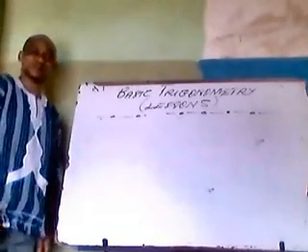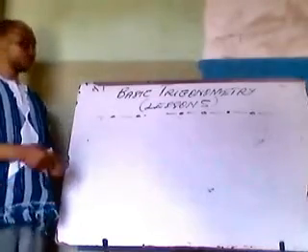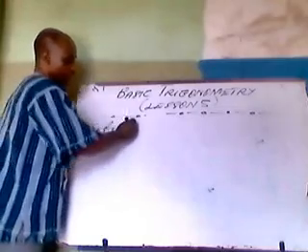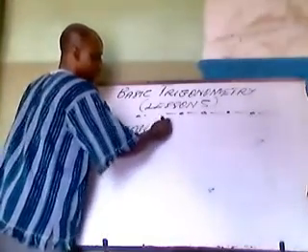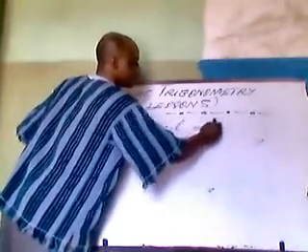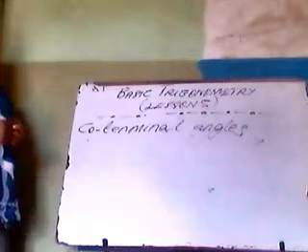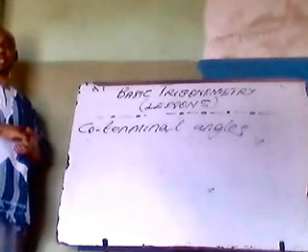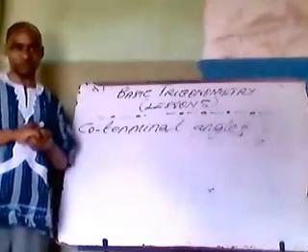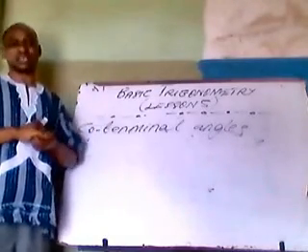Now, another aspect of angle that we need to consider is what we call coterminal angles. Coterminal angles are two or more angles in standard position with the same initial side and terminal side.